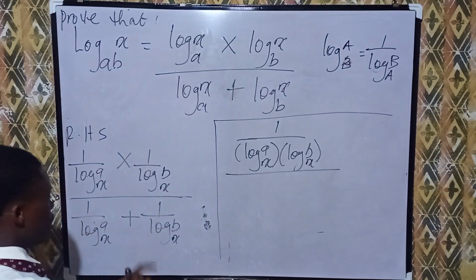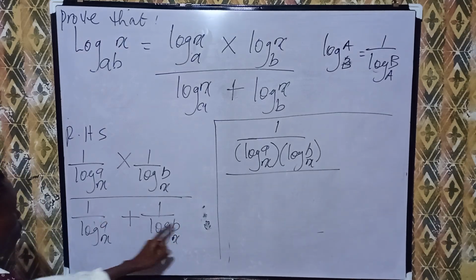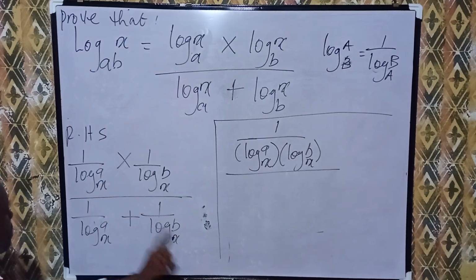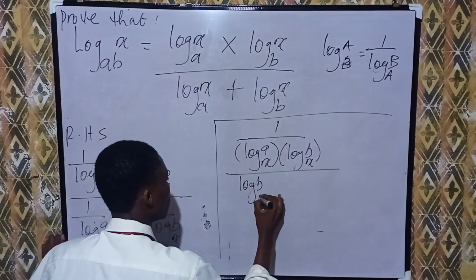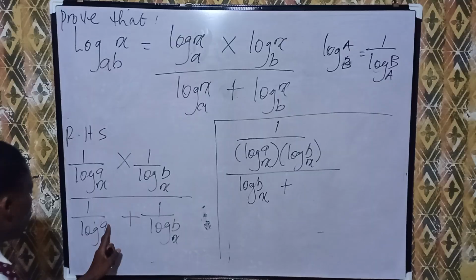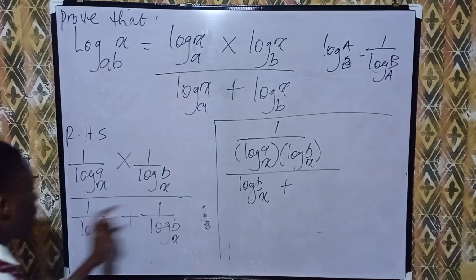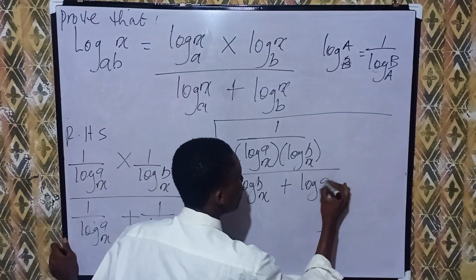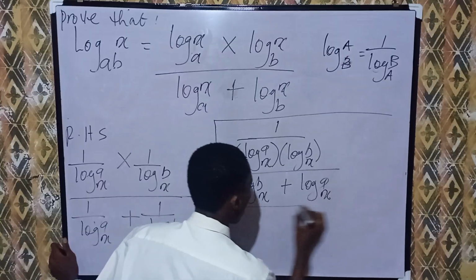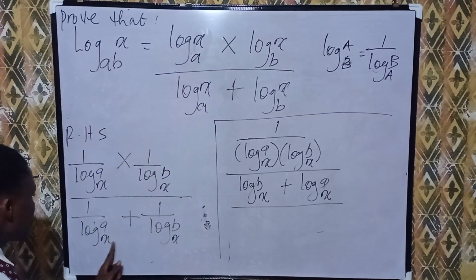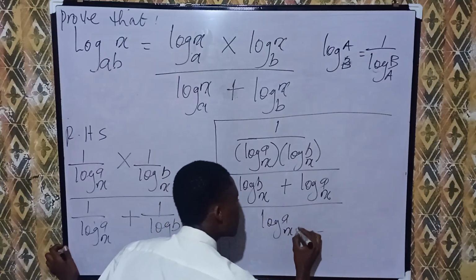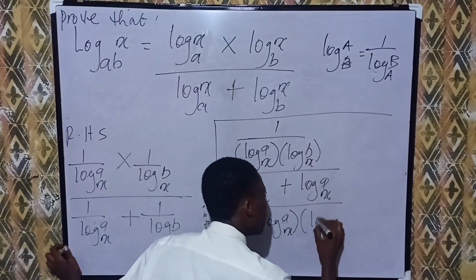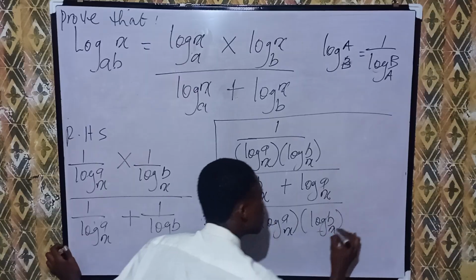So log b base x times 1 gives us log b base x plus log a base x times 1 gives us log a base x all over log a base x times log b base x gives us log a base x multiplied by log b base x.